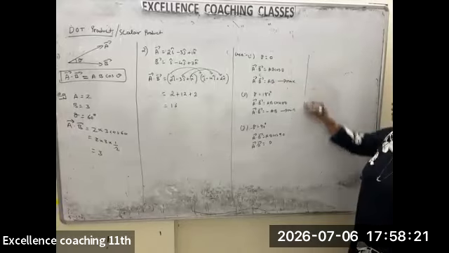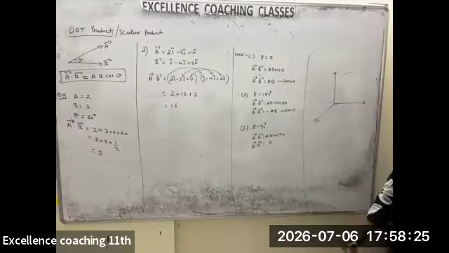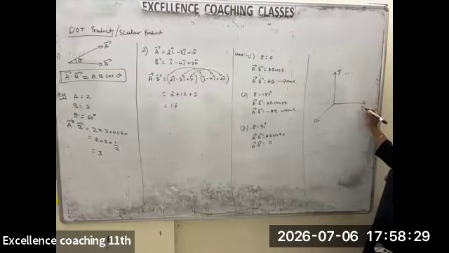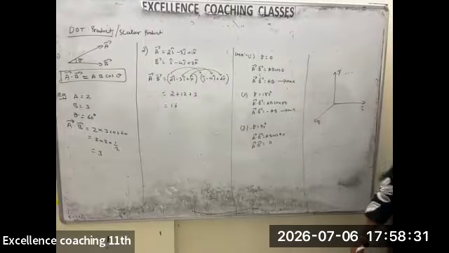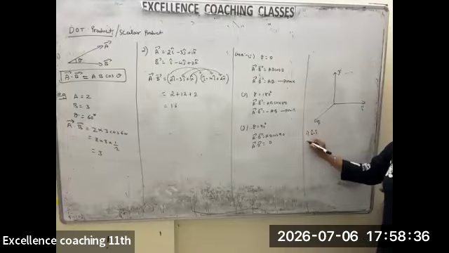Wait. Last part. This is your J cap. This is your I cap. And this is your K cap. What will be I dot I?